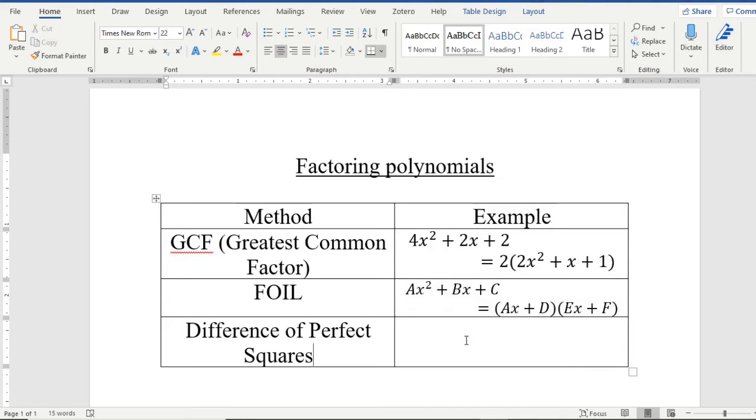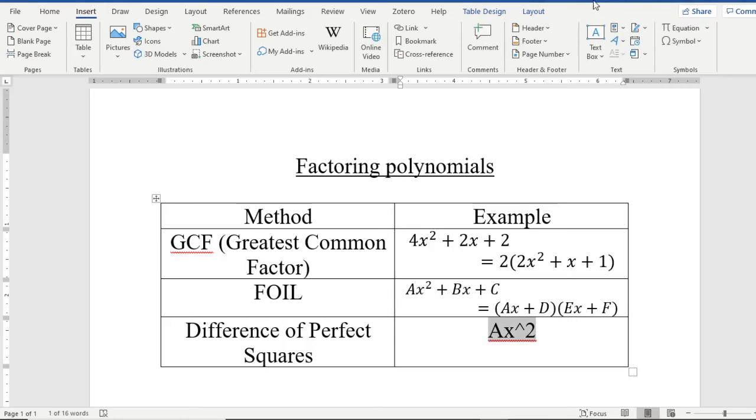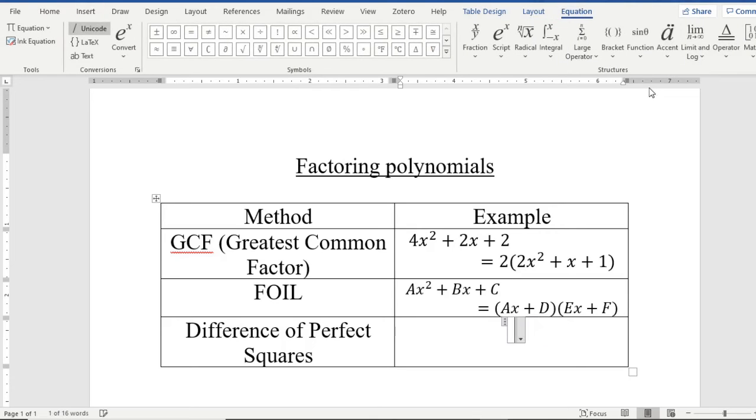So that's when the number in front of the x squared minus the other number, where the a and the b in this case are perfect squares. So this equals parentheses.